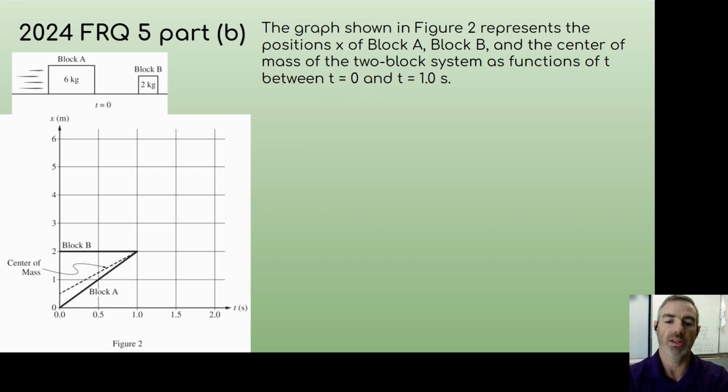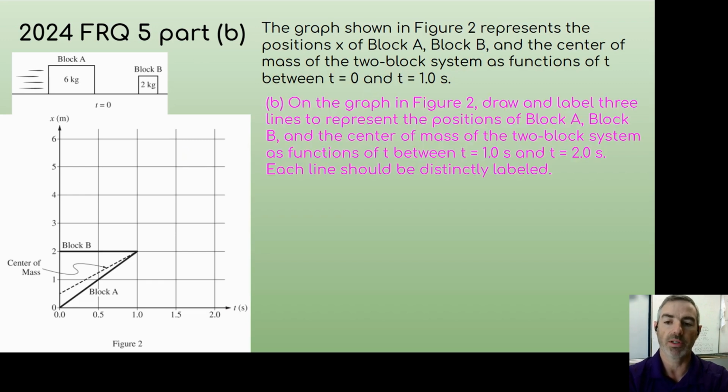We have this dashed line that represents the position of the center of mass. What we're asked is, on the graph in figure 2, to draw and label 3 distinct lines, one that represents block A, one that's block B, and the center of mass of the two-block system as a function of time between times 1 and 2. Each line should be distinctly labeled, so make sure you label your lines.